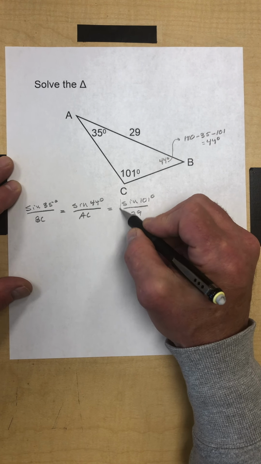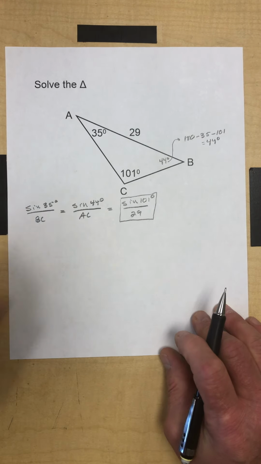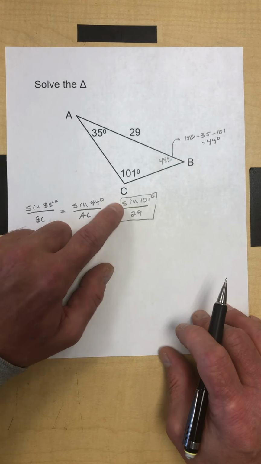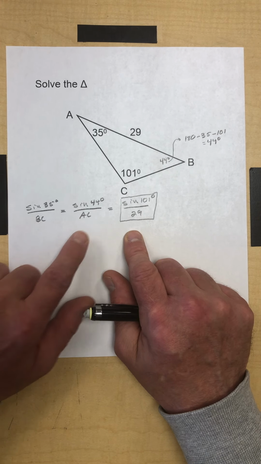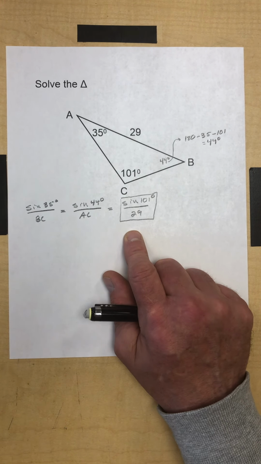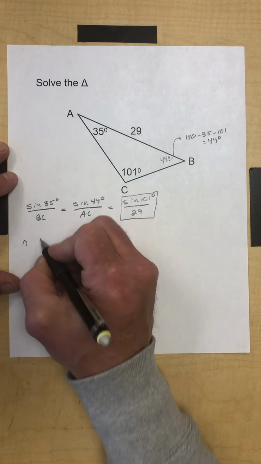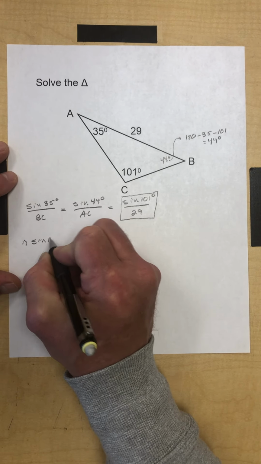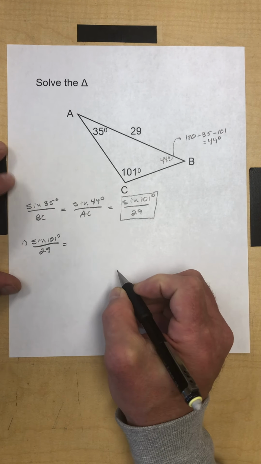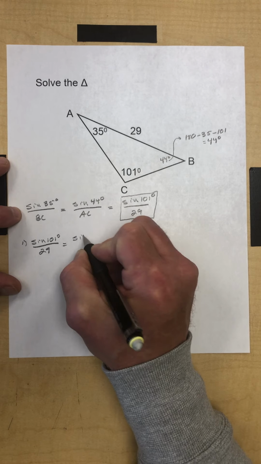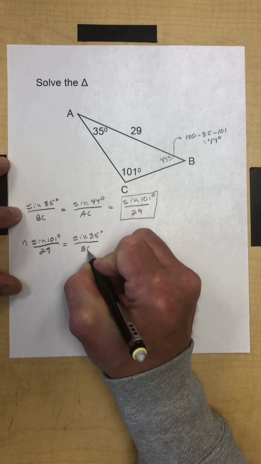Here is my cornerstone ratio, because I know both the numerator and denominator, so I can use this to solve for BC and AC. Why don't we do BC first? I've got the sine of 101 over 29, and that equals the sine of 35 over BC.